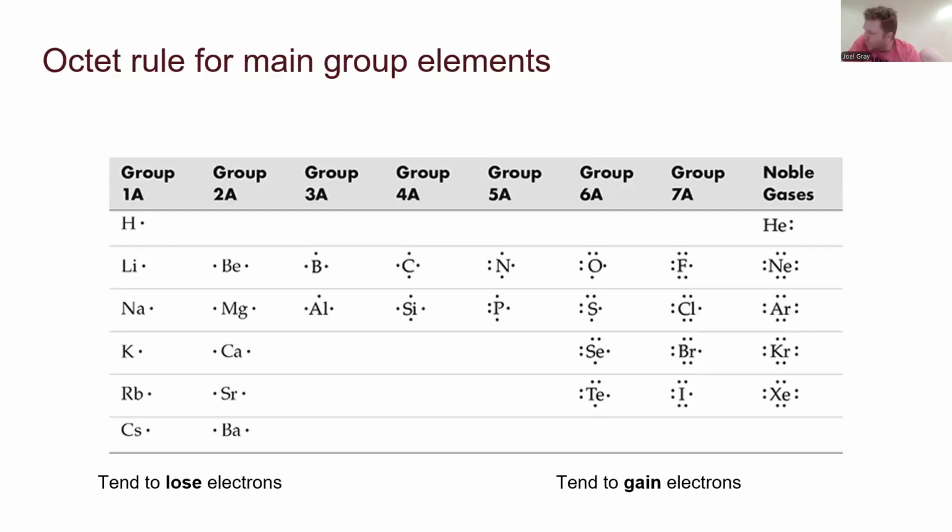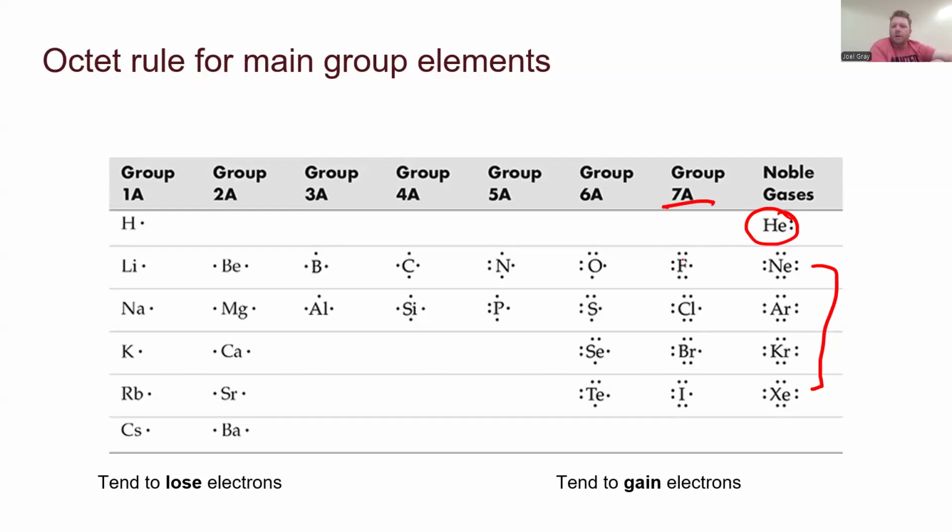So basically, an atom is going to gain or lose electrons until it reaches a total of 8 surrounding it. If we look at our noble gases, helium is a little bit of an outlier, but neon, argon, krypton, and xenon have 8 electrons. So they're not going to lose or gain any.